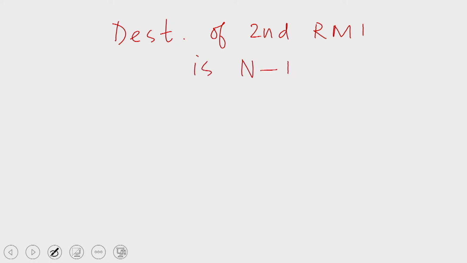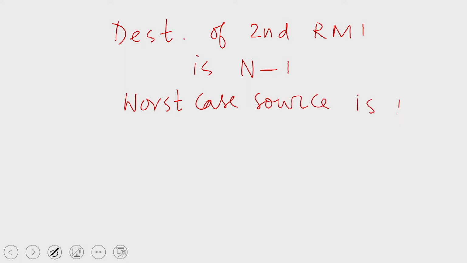Now, the destination of the second rightmost one is processor number n minus 1, and its worst case source is 1. Therefore, it has to cover a distance of at most n minus 2.